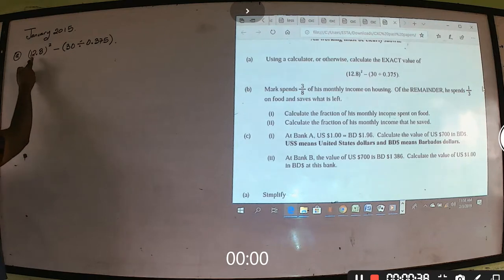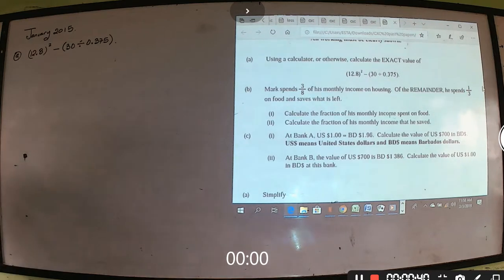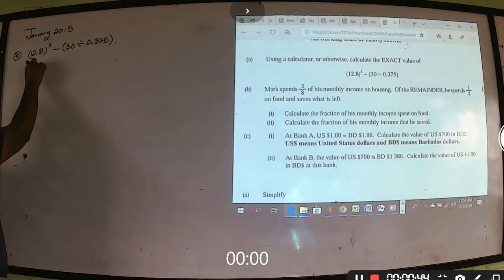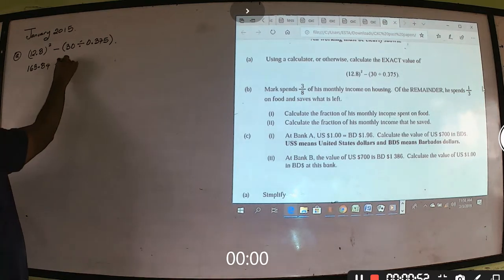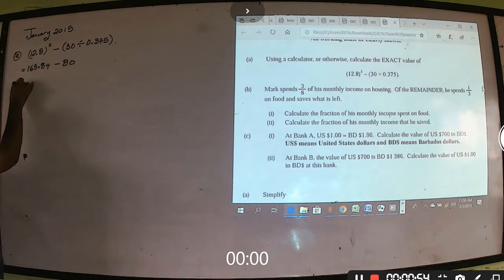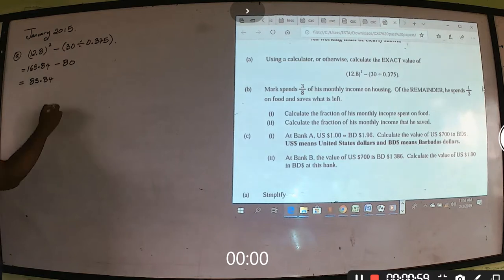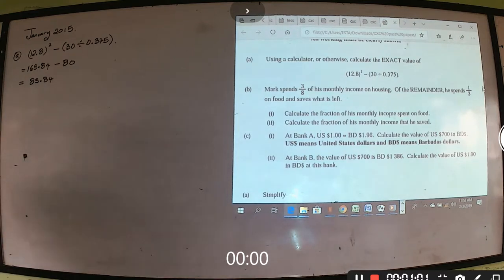So what is 12.8 squared? 163.84. What is 30 divided by 0.375? 80. So minus 80, what do we get? 88.84. Not hard. If you get that wrong, you should beat yourself.